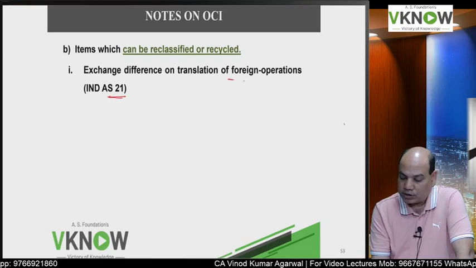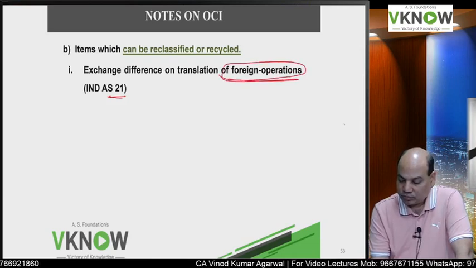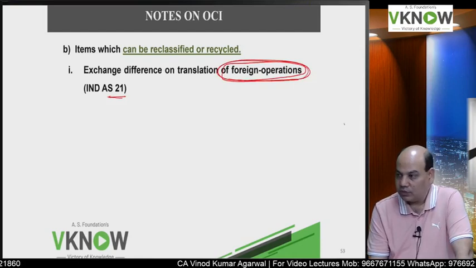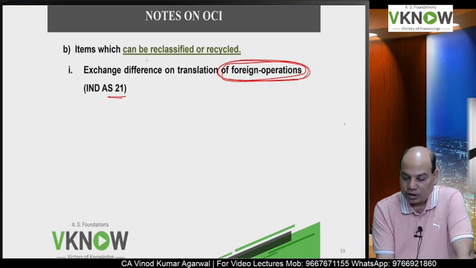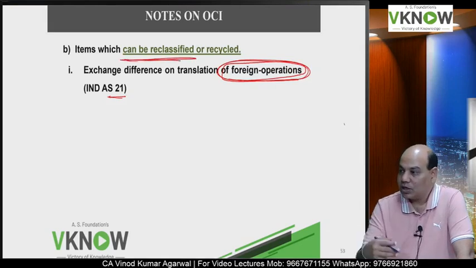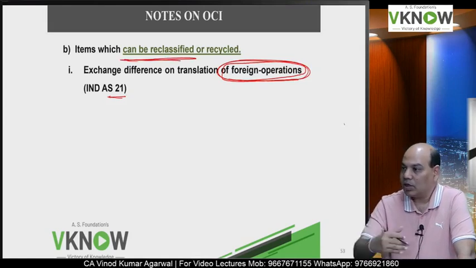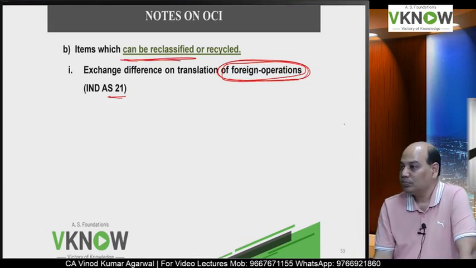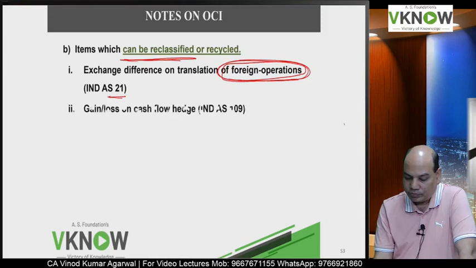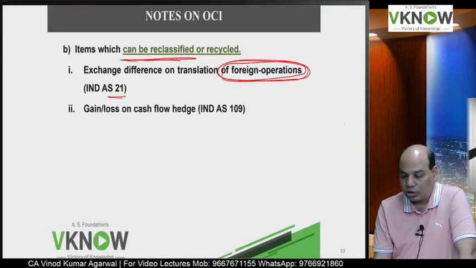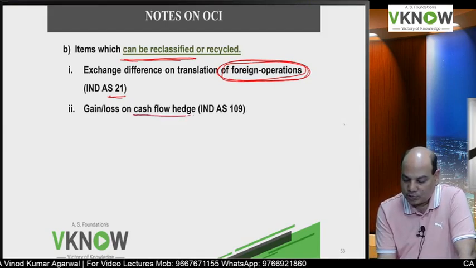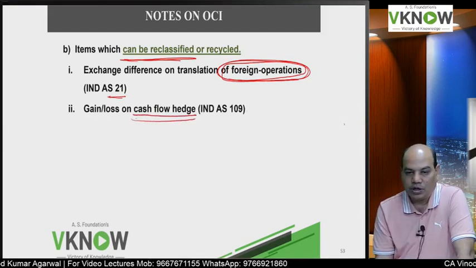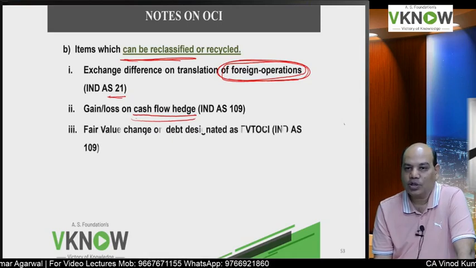So if you have a foreign subsidiary, foreign associate, foreign joint venture, till they are sold, disposed, exchange difference will be taken in OCI, and once they are disposed, this will be transferred back to profit and loss. Then gain or loss on cash flow hedge under Ind AS 109. Right now I cannot explain what is cash flow hedge, it will require one full lecture. Okay.